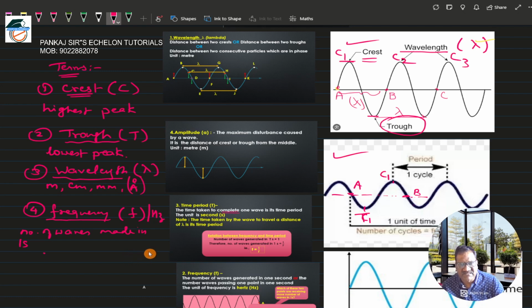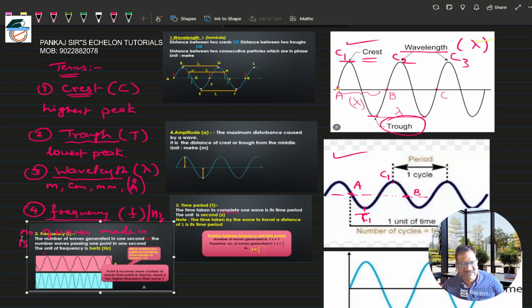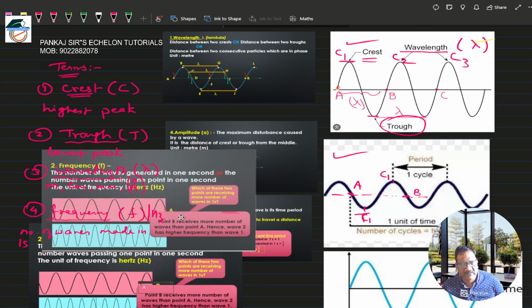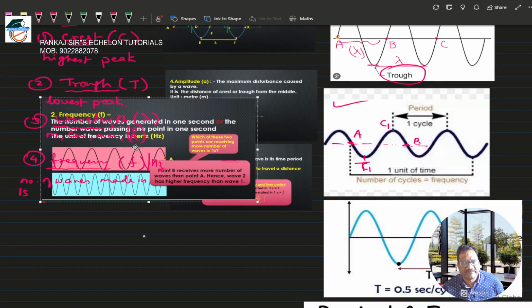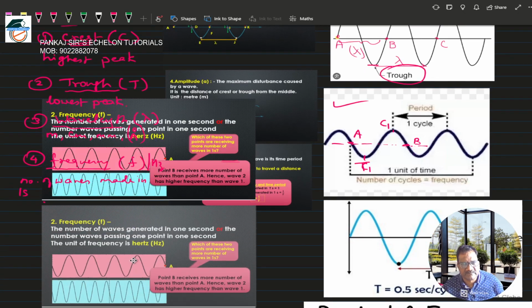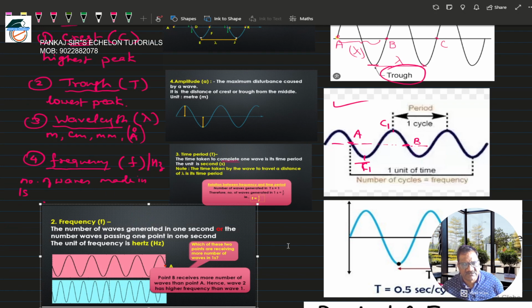I hope frequency is also clear to you, and I'll just show you the definition here. I think it's clear to you. Let us see the definition on the slide.